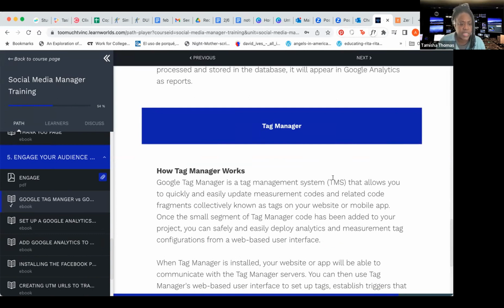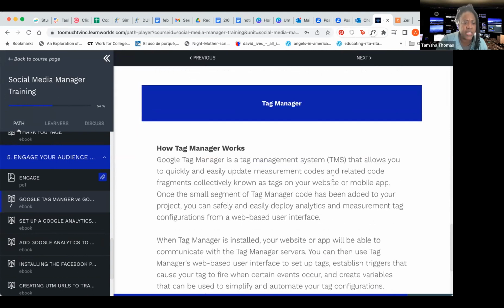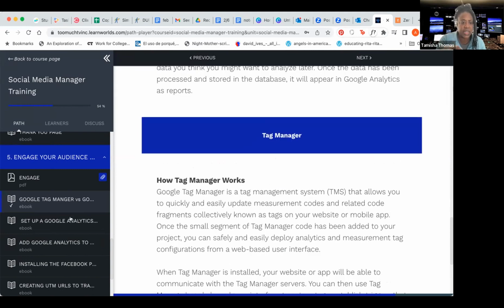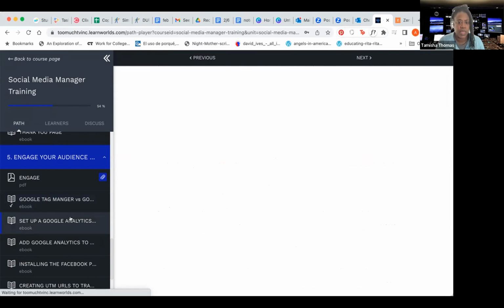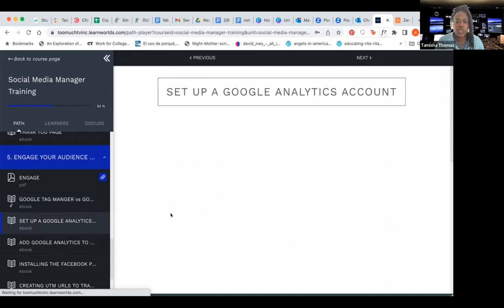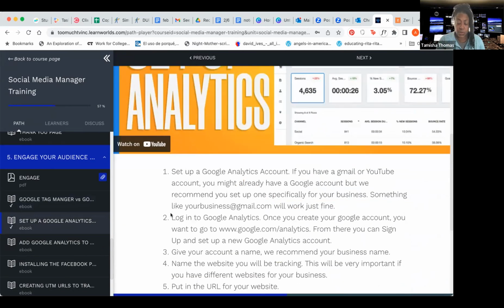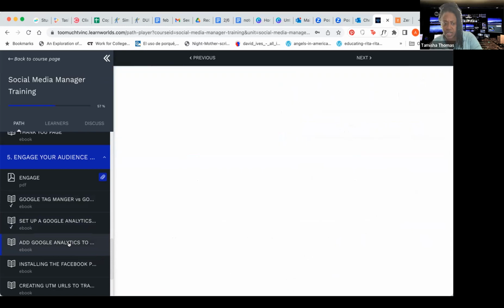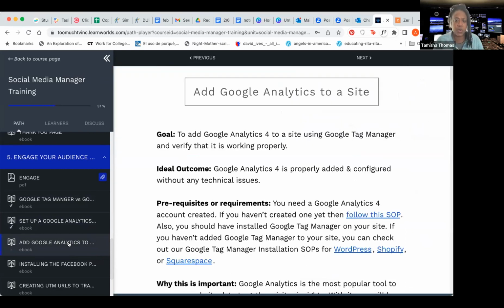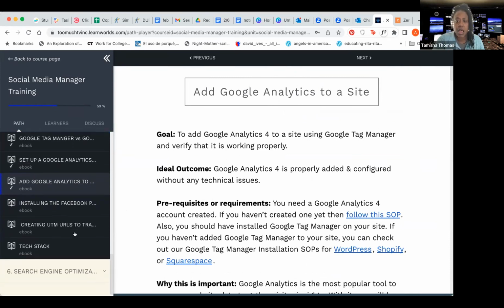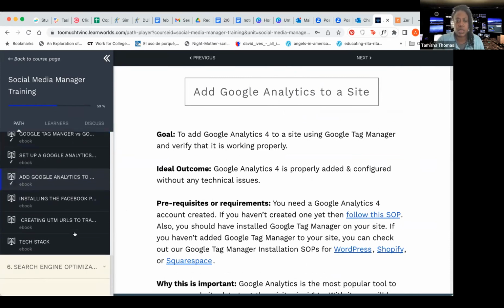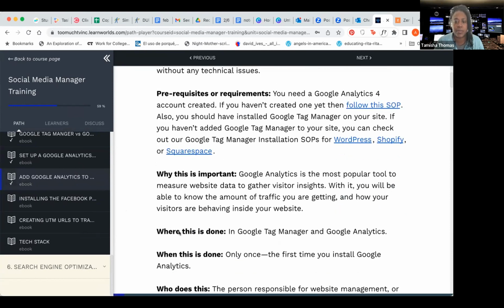So go down to where it says set up Google Analytics on the next. So when you set up Google Analytics, okay, so no, this is setting up the Google Analytics account. So you're gonna follow this and set up the Google Analytics account and then add Google Analytics to a site. So go all the way down on the page, on the actual page.